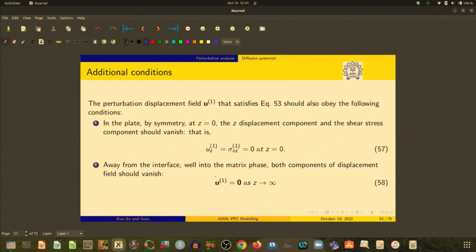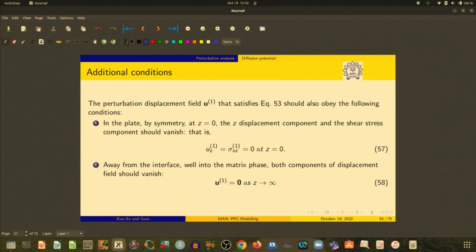But when you have the perturbed interface, you can see that inside the plate by symmetry at z equal to 0, the displacement component and shear component should vanish, right. You have something that is symmetric about the z equal to 0, plus h by 2 and minus h by 2, okay. And well into the matrix phase if you go, these disturbances that are coming because of the undulation should be 0.